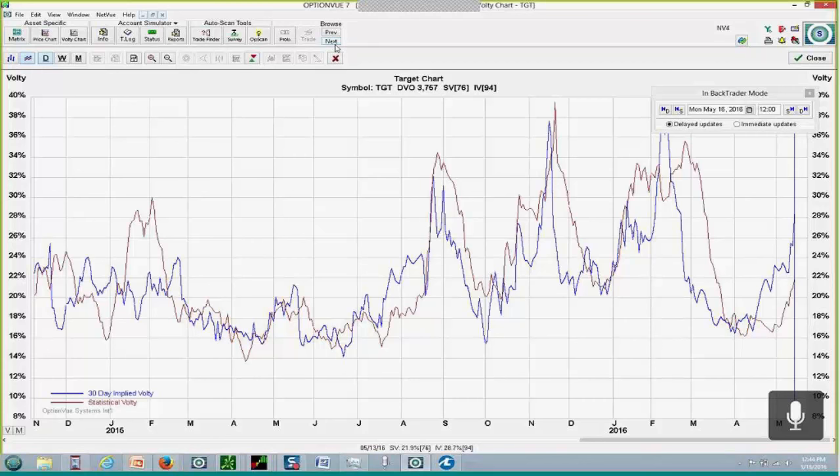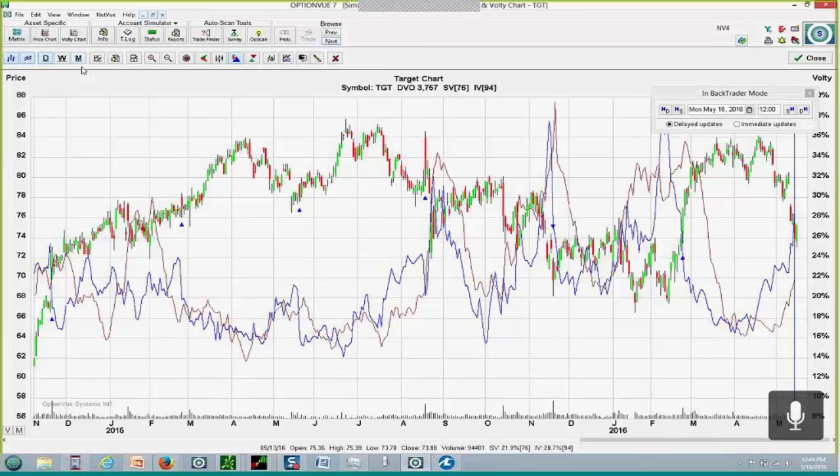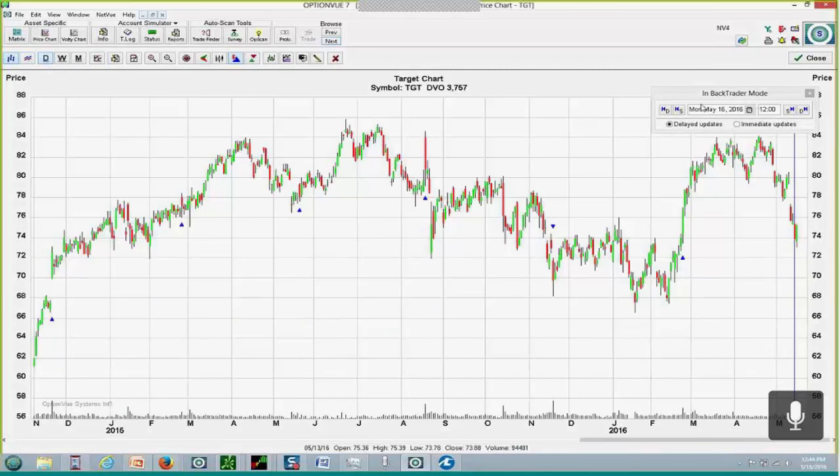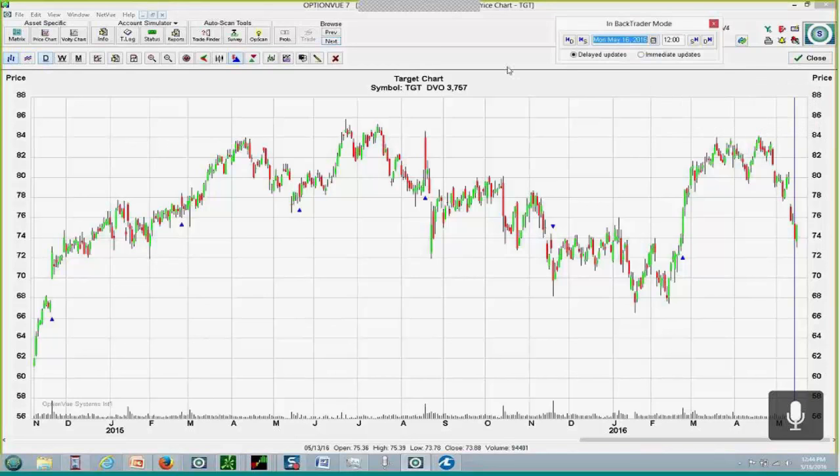And here's Target. Target's under a lot of pressure actually right now for a lot of reasons. And I can bring in the price chart as well. They have their own charting software. It's a lot more basic, but it's good if you want to just look at the chart. But it also has, again, different functionality, which we may be able to get into here today.